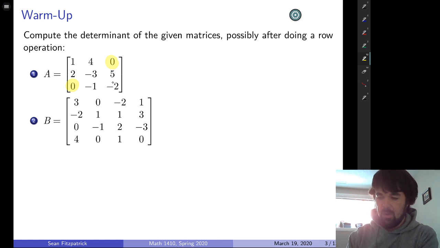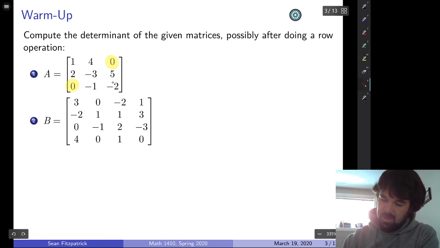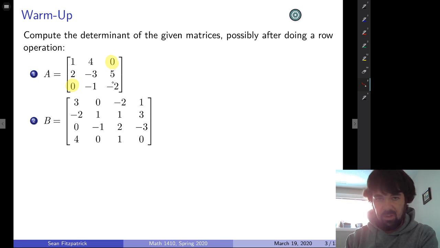The default definition says if we go across row 1, I should do the 1,1 entry times the 1,1 cofactor, which is the determinant of that. Then the 1,2 entry times the 1,2 cofactor, which has a minus sign, plus the determinant of that. And then 0 times the 1,3 cofactor, but it's times 0, so we don't worry about it. But sometimes we like to do a row operation because it saves us a little bit of trouble.